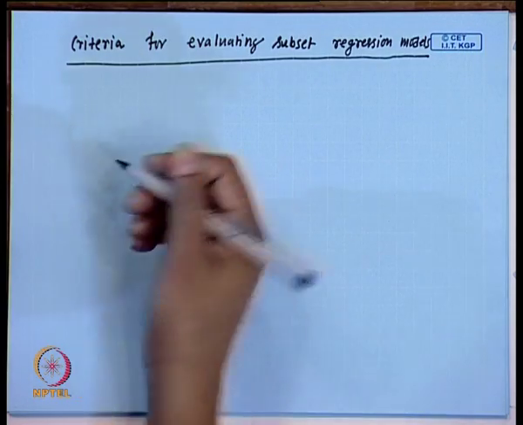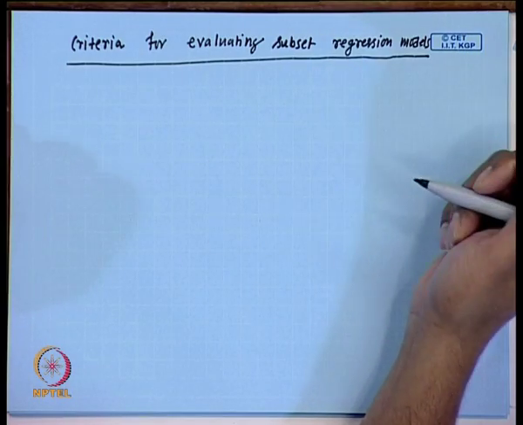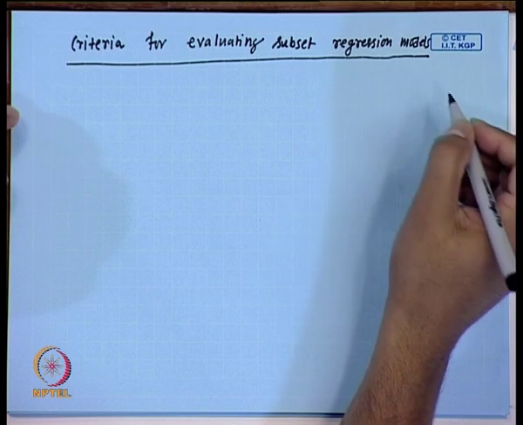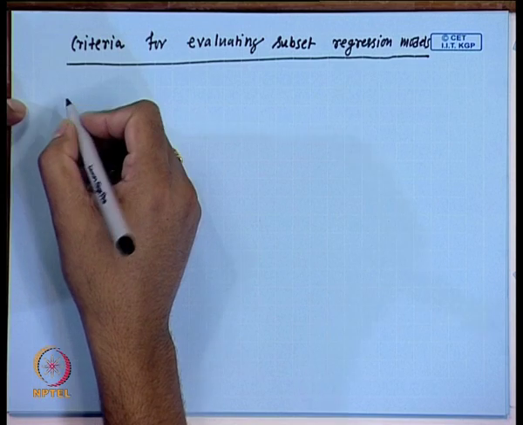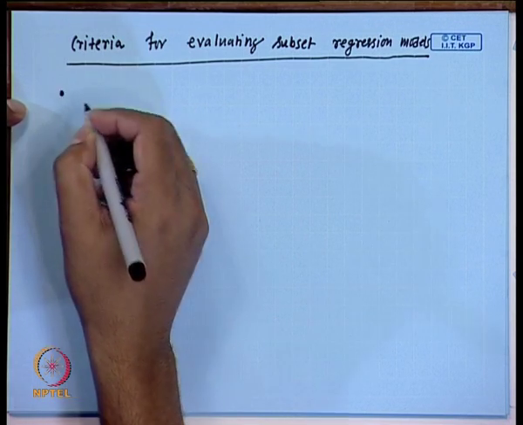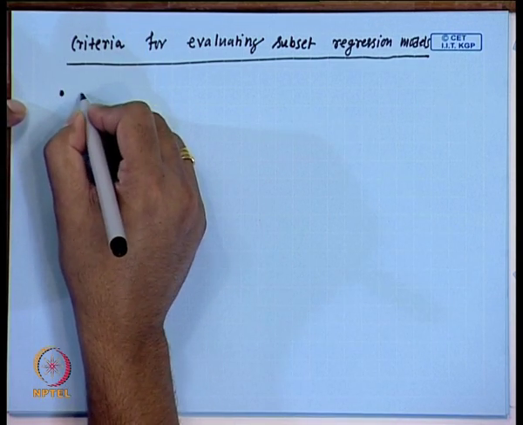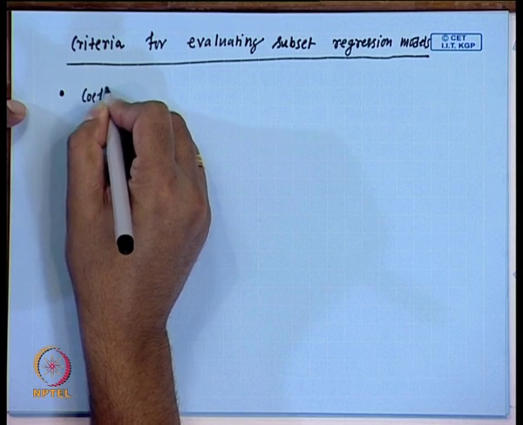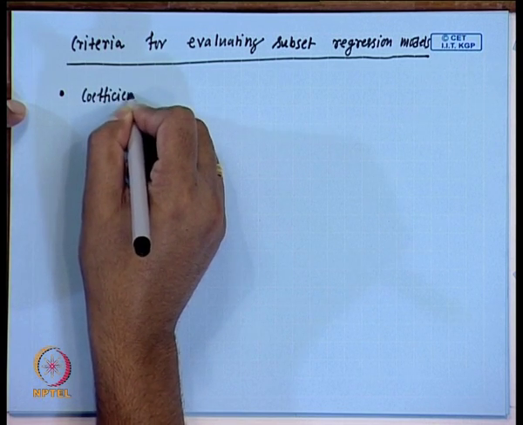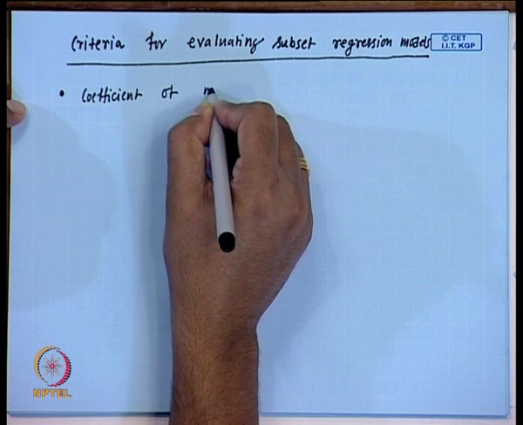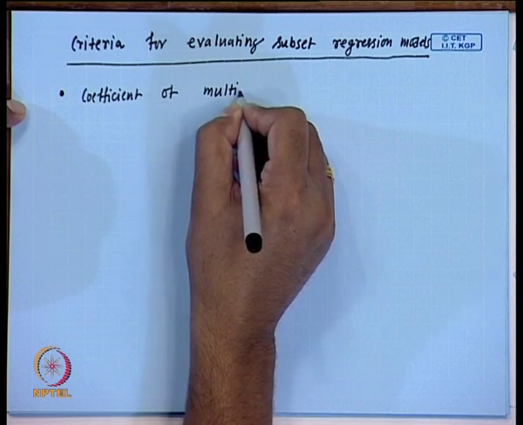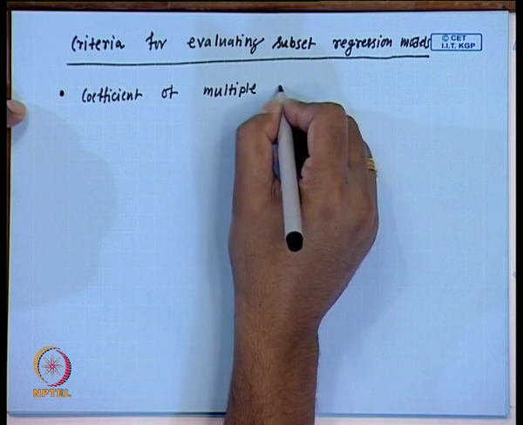So we need to evaluate those subset models, and one criteria to evaluate them is the coefficient of multiple determination.